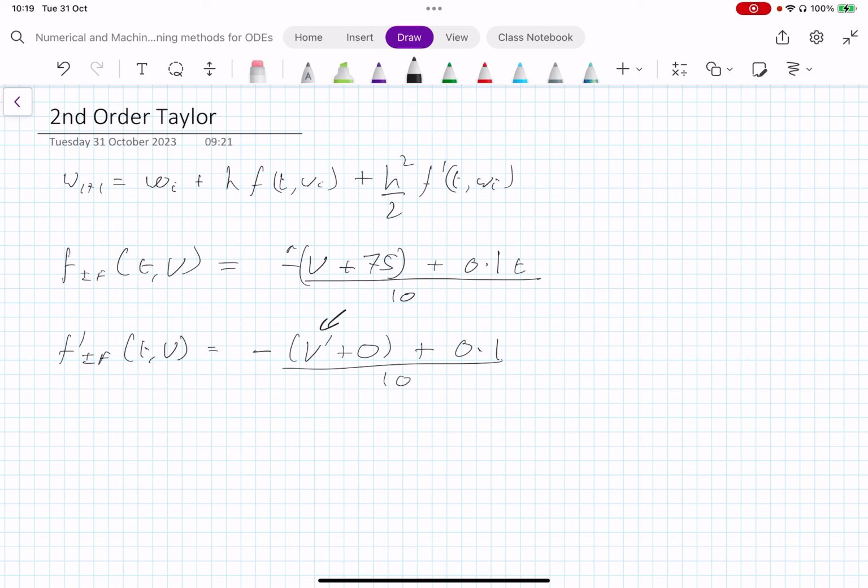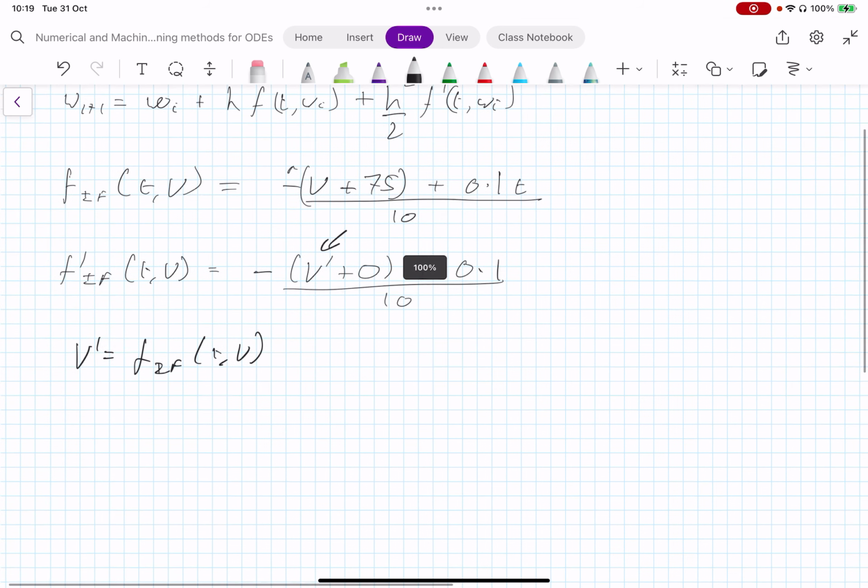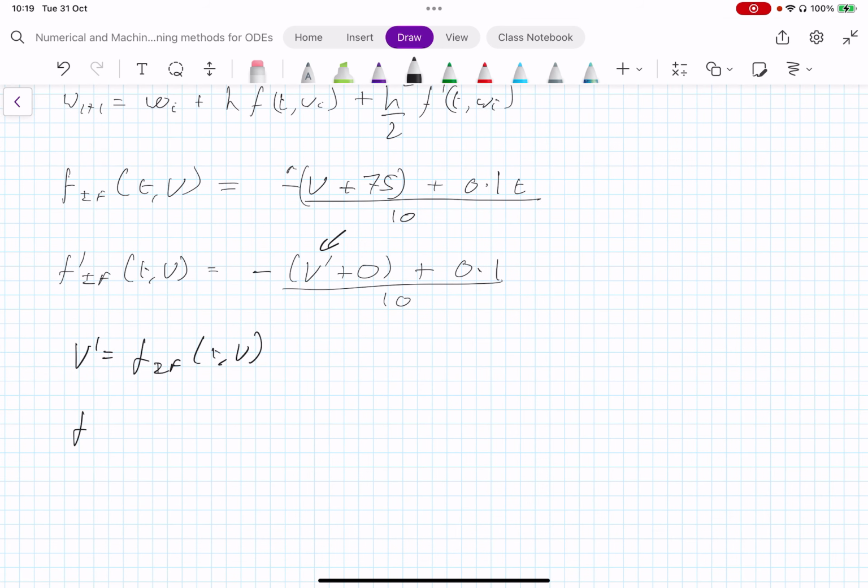We have an issue here because we have a v dash, but by definition from our formula, v dash is equal to f of t, v. So that gives us f dash of t, v is equal to minus bracket f of t, v plus 0.1, all divided by 10.